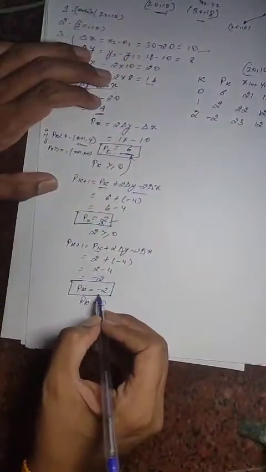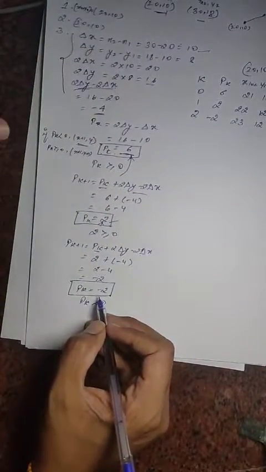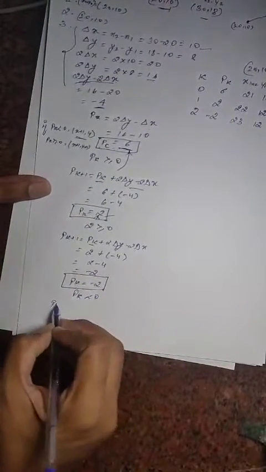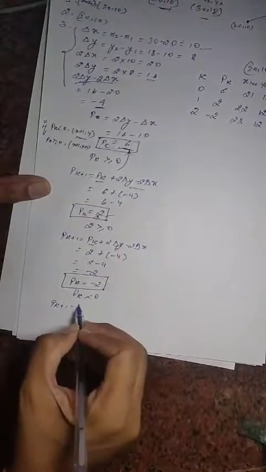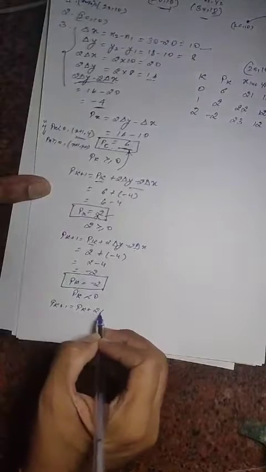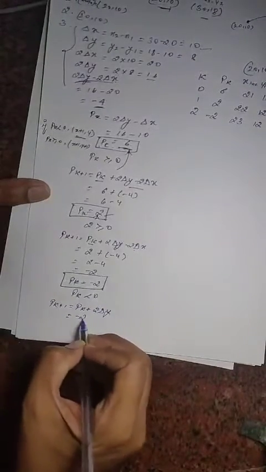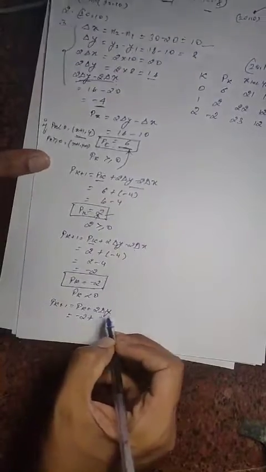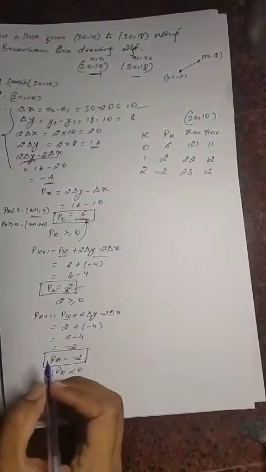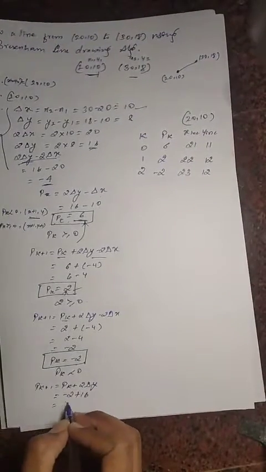Again, to find out, we are going to go with the Bresenham algorithm. What is the equation? Pk plus 1 is equal to Pk plus 2 delta y. What is the value of Pk? Minus 2 plus 2 delta y, which is 16. Minus 2 plus 16 is 14.